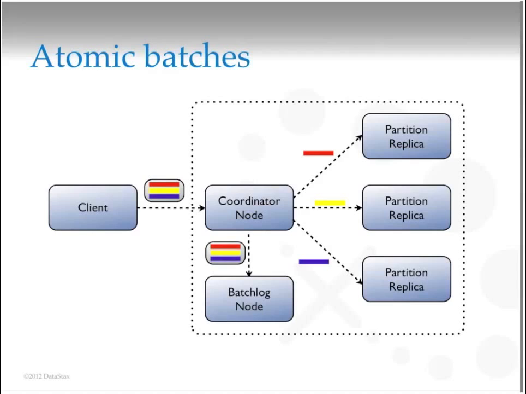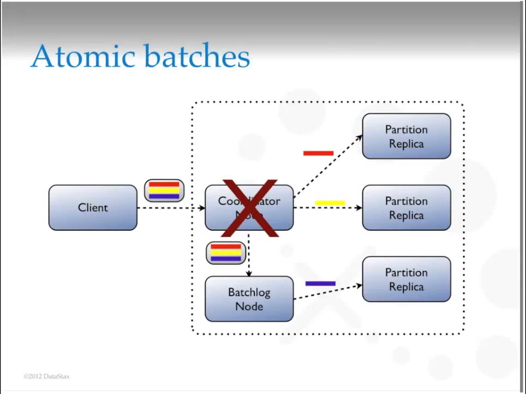So if we have that scenario now in the atomic batch world where the coordinator fails after sending out some of the rows, then the batch log replica will notice, and it will replay that batch on behalf of the failed coordinator. So the client doesn't need to get involved. All the client needs to know is that I gave you the batch. Now it's your job as the server to take care of it.